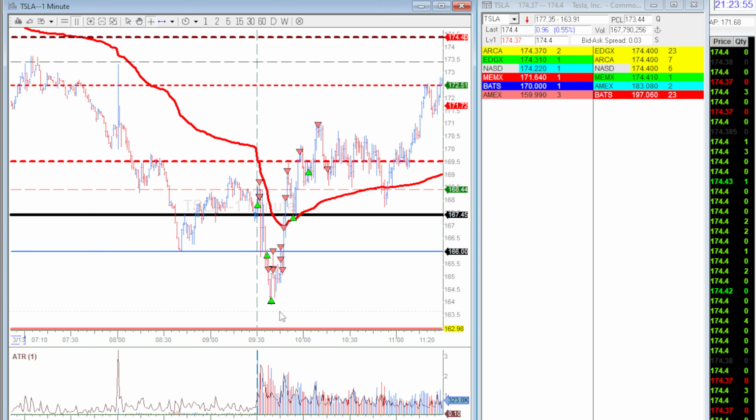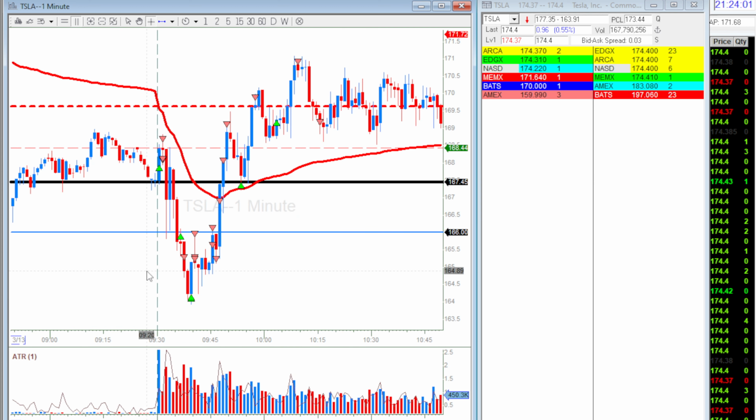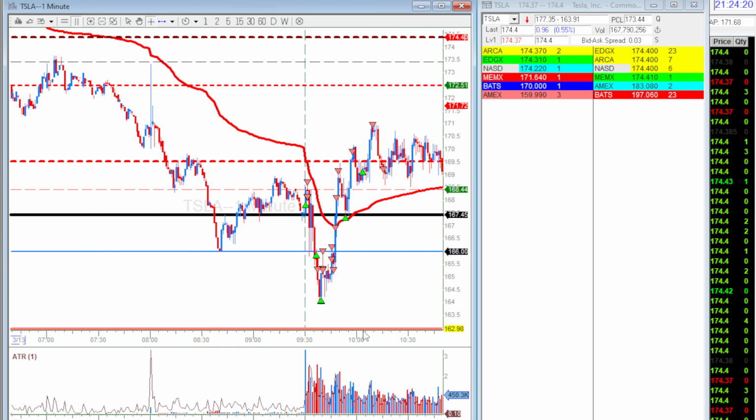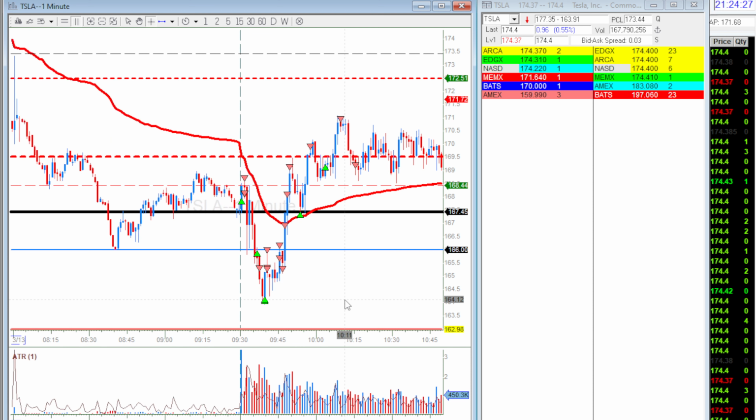So even if it tries to test 163.50, I can still try maybe 3 times, like what I did here. This is my third entry. Eventually it worked out, but this was a small winning trade, this is a small losing trade, and if I lose here again, I probably have one more try to go. Probably my max area to take it long was 163, based on the chart that I drew.